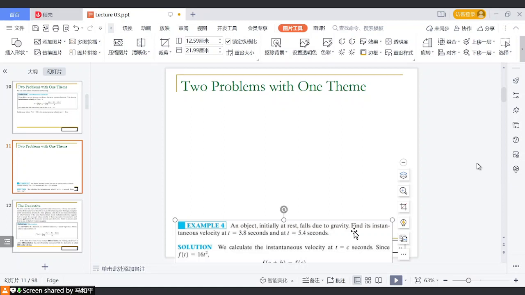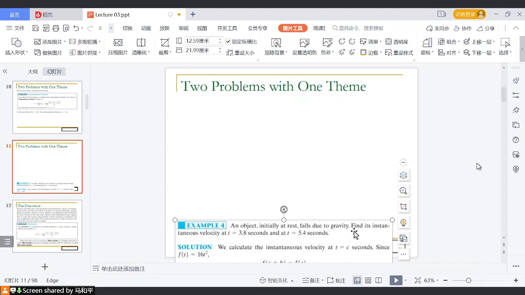See this, 16t squared. You got this square. No, square here. Yeah. Why is it just 16? You got t is equal to what? Yeah, right. 3.8.